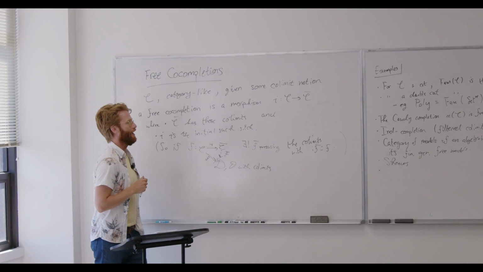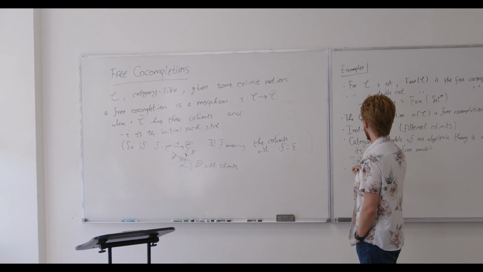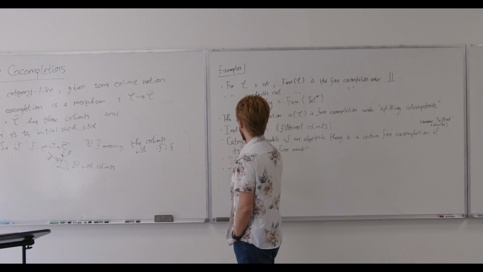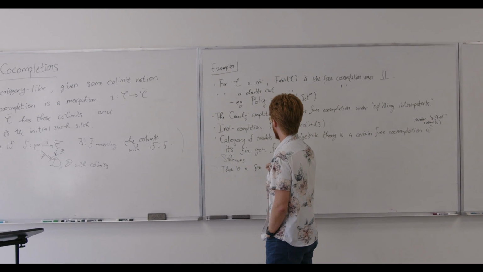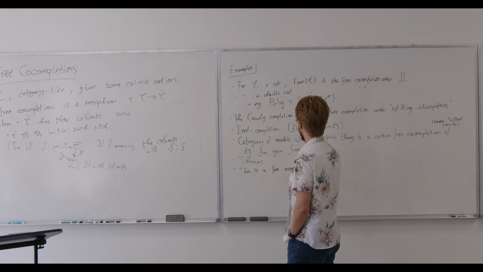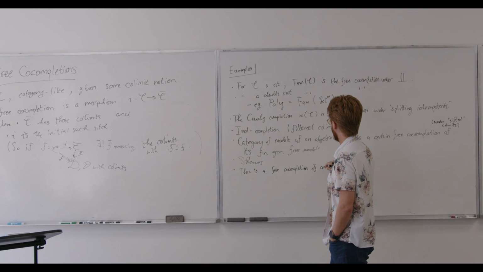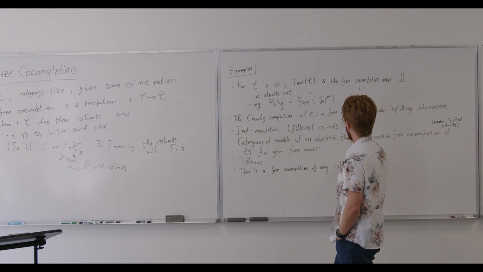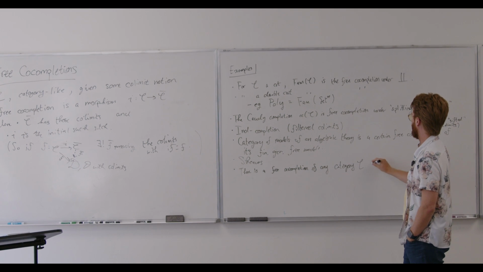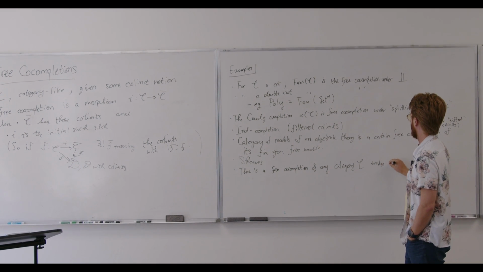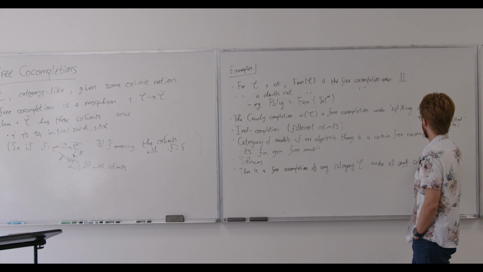And finally, the one that we're actually most interested in today: there is a free cocompletion of any category. It's not necessary to say any size constraints here, depending on your foundations, under all small colimits.